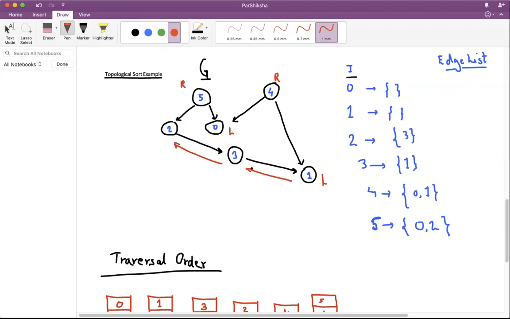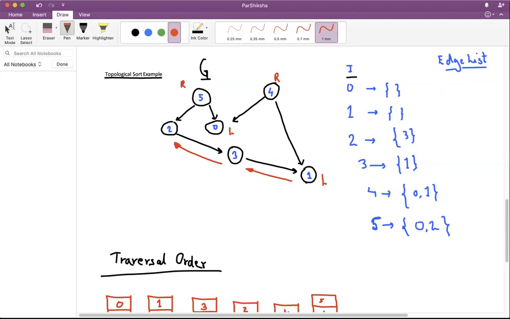So one way to understand the idea is that you do a reverse traversal from the leaf nodes and print each of the elements in the opposite order. So let's say we do a depth first search, which means you first go into the depth before you go broadly.